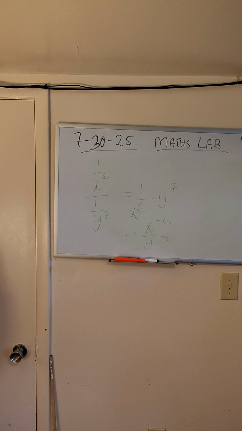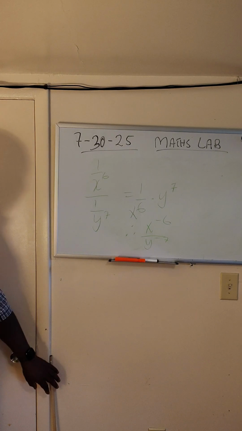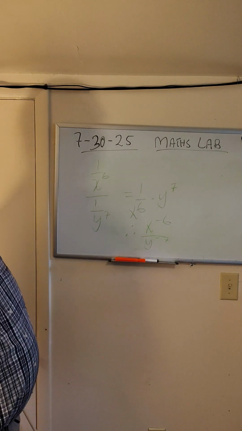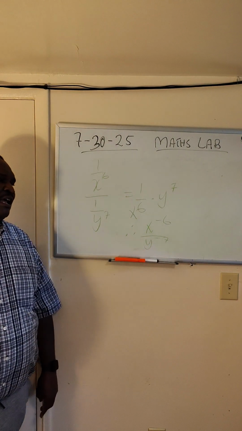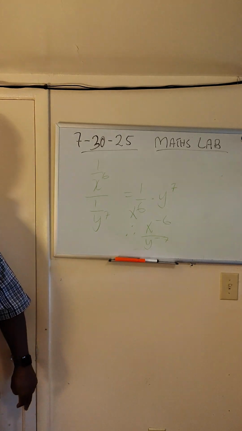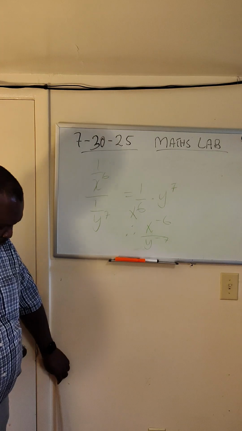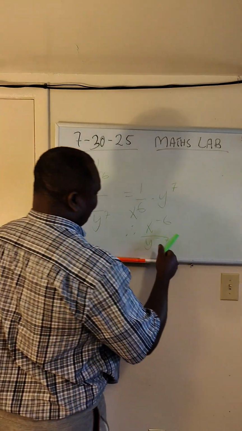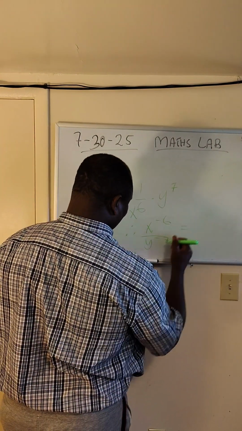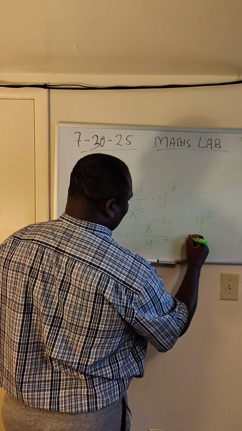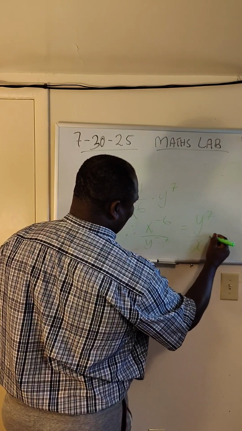And then when we do that, we reciprocate, we reverse the variables, because we are doing division. So when we reverse the variables, y becomes y raised to the power of 7 over x raised to the power of 6.